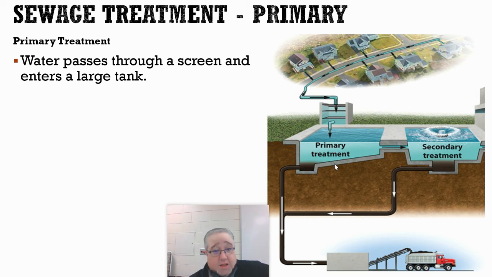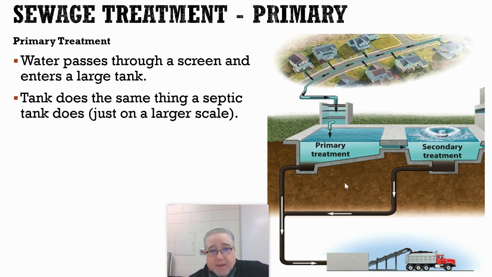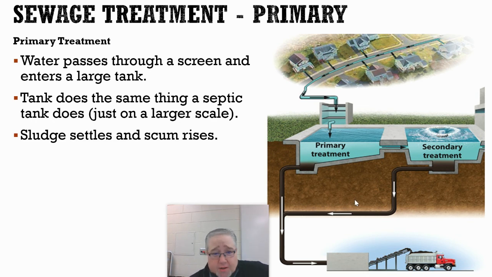This is a lot of water that can go into this thing. But you'll notice when the water first comes in, it passes through a screen. In fact, it probably passes through multiple screens. Those screens are there to filter out any large particles, large items.